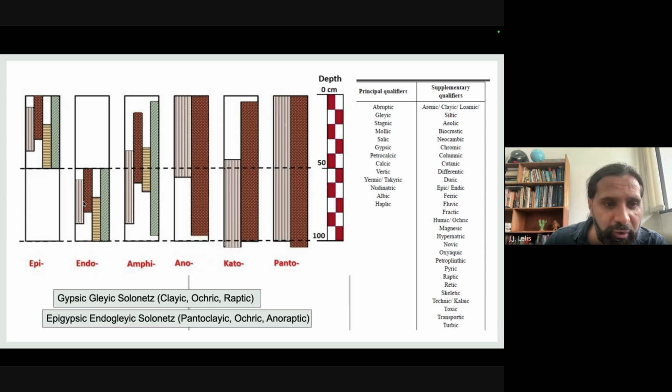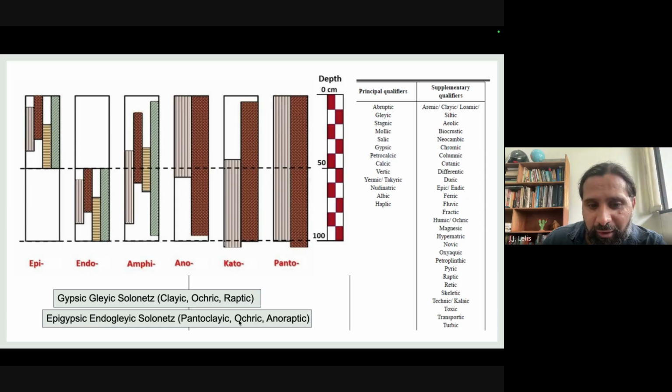So all these four options also fit what we call endo. So let's say that the gleyic properties start after 50 and end before 100. So we have endogleyic. And of course, the RSG, we don't use any prefix.